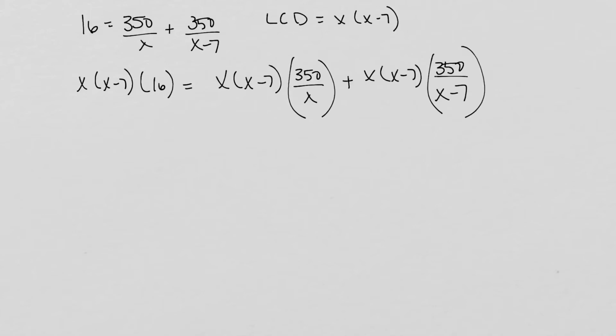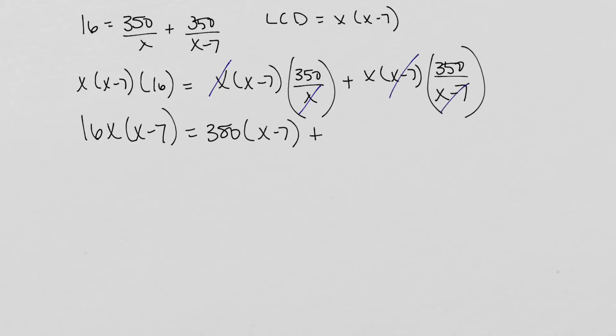On the left, nothing is going to reduce or divide out. That'll leave me with 16x times x minus 7. On the right, in the first set, the x's are going to divide out, leaving me with 350 times x minus 7. Then in the next pair, the x minus 7s will divide out, leaving me with 350 times x.